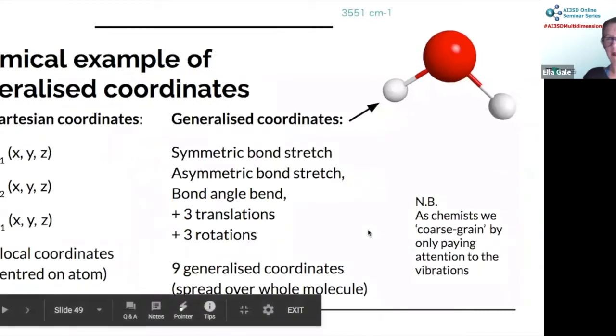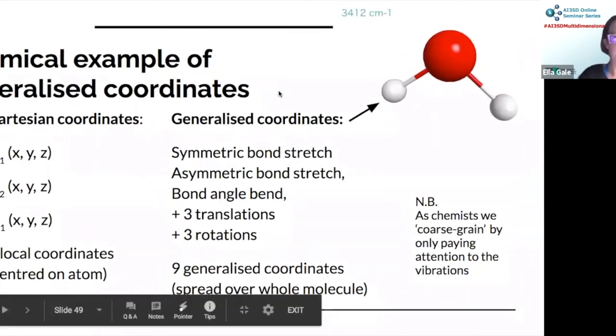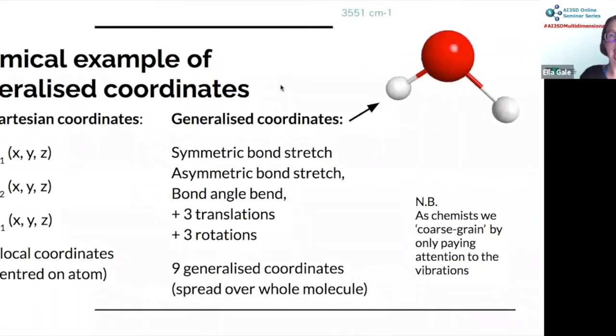I'm going to give a more chemical example now. This should all be very familiar to you. This is where we use generalized coordinates. So for example, let's say I have a water molecule and my water molecule is moving, for example, in a molecular dynamics simulation, and it's bouncing around.